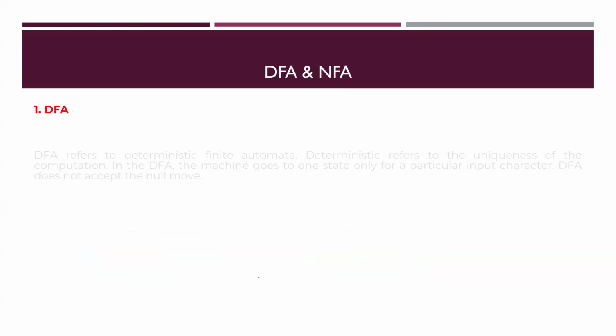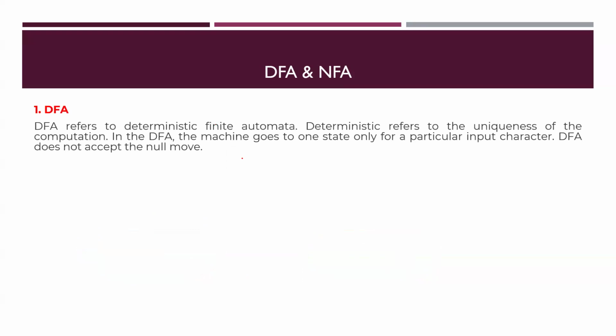Now coming to what is a DFA. DFA, as we already saw, refers to deterministic finite automata. What is the meaning of the word deterministic? Deterministic means uniqueness of the computation. That is, when you have a DFA, the machine will only go to one state for a particular input.